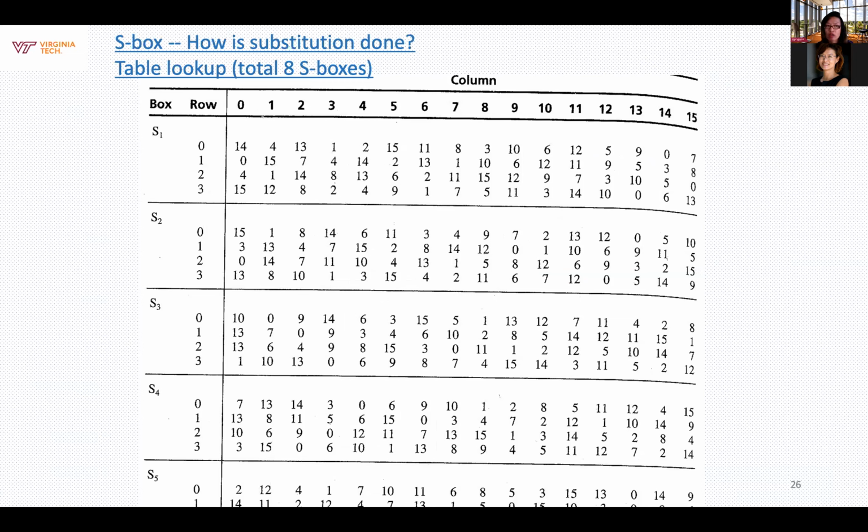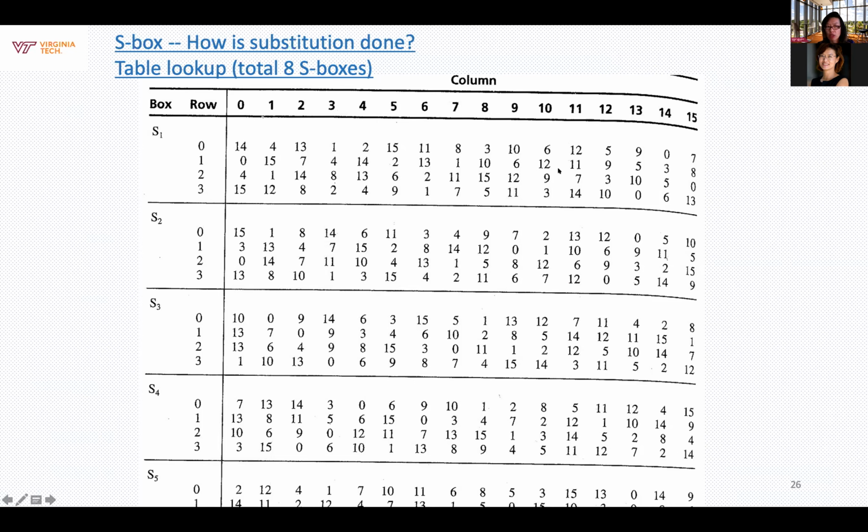When you say S box, it refers to this in the DES. Again, it's a table lookup: you have rows and columns, and if you identify a specific row and column, and a specific S box, you'll be able to read a number.